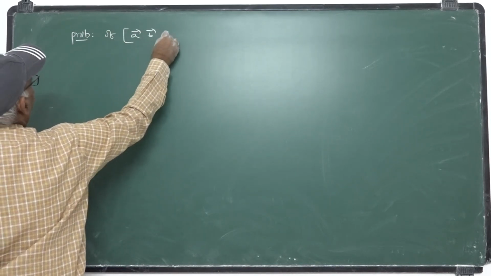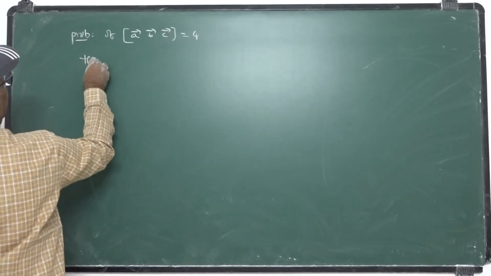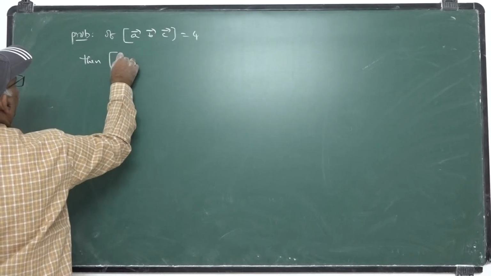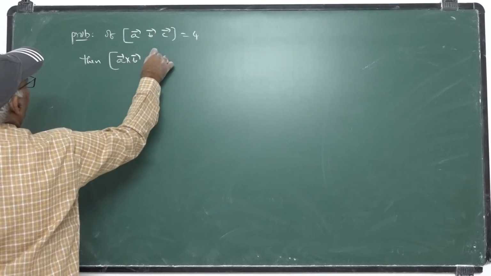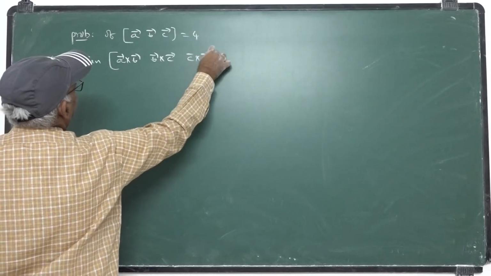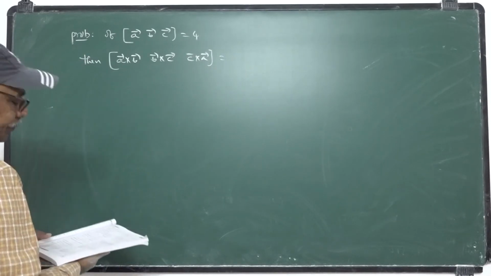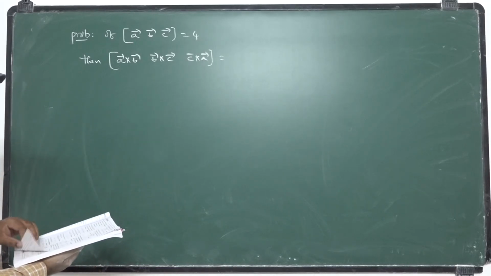If box A bar, B bar, C bar is 4, then find the value of box A cross B, B cross C, C cross A. This is one important relation.